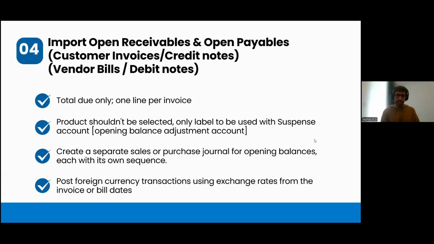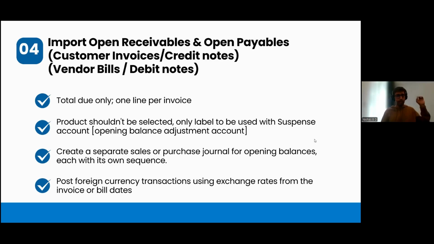Once this is done, let's get into the open receivables and payables. Most importantly, as I said, you may have some 100 different transactions of a particular customer or vendor. You cannot import everything as it is, even though all of the 100 are open. Each one of them has its own product lines, taxes, and discounts, as in the previous system.